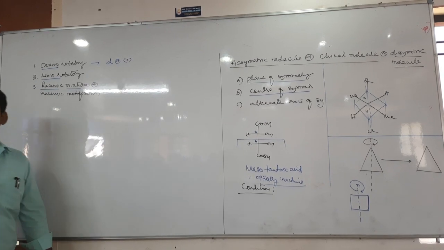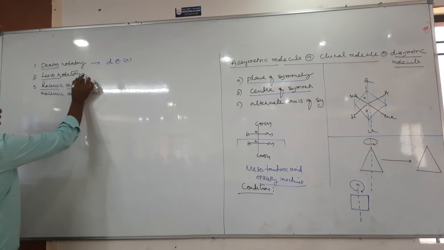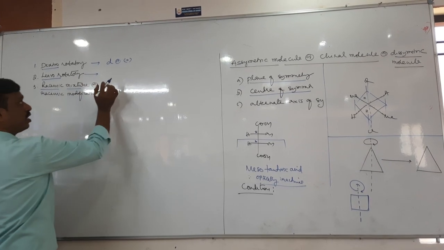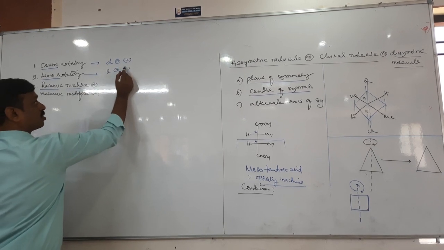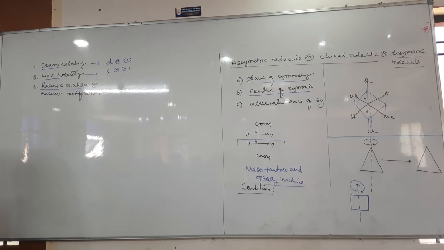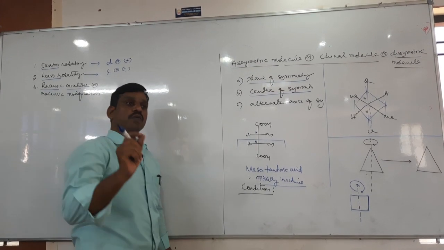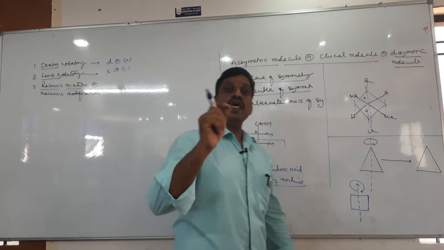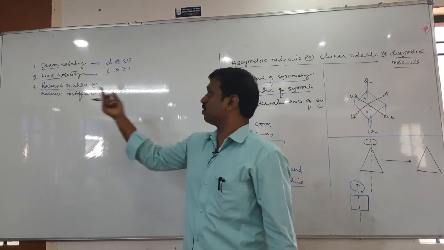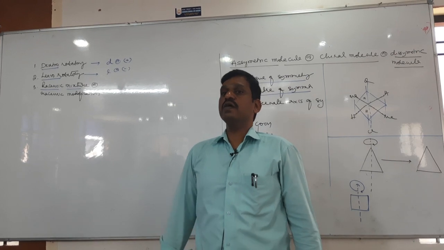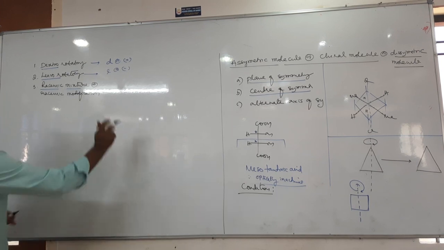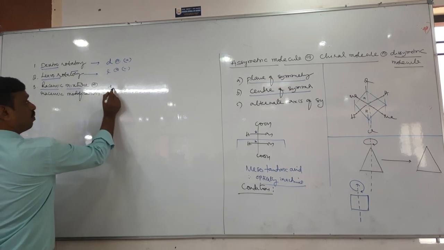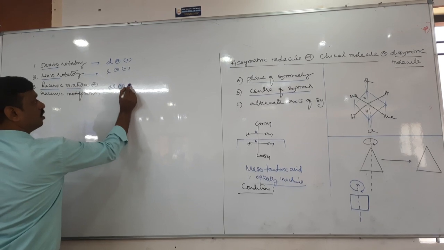Similarly, the optical isomer which can rotate the plane polarized light towards the left side is called minus, levorotatory. But important is the racemic mixture. The equimolar mixture of dextro and levorotatory, 50% D and 50% L, is called a racemic mixture, denoted by DL or plus minus.